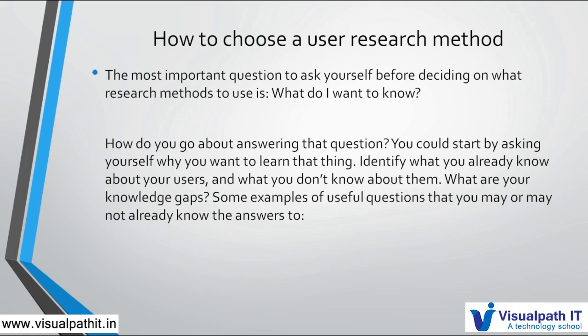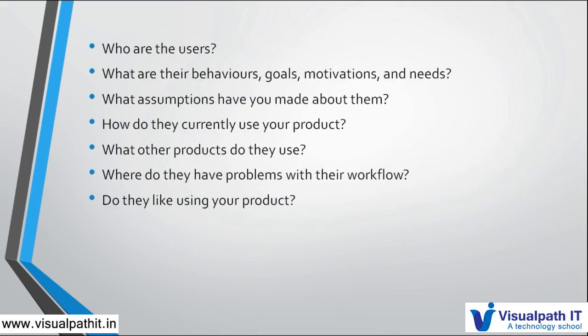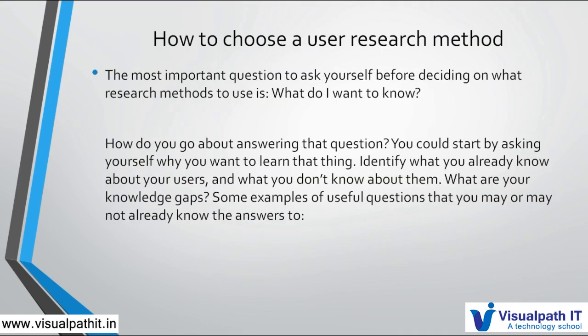Identify what you already know about your user and what you don't know about them. What are your knowledge gaps, for example, of useful questions that you may or may not already know the answers to.